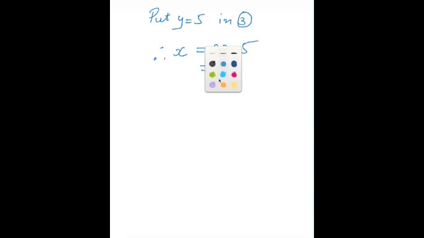So now put y equal 5 in the third equation, therefore x is equal to 22 minus 5, which is 17.